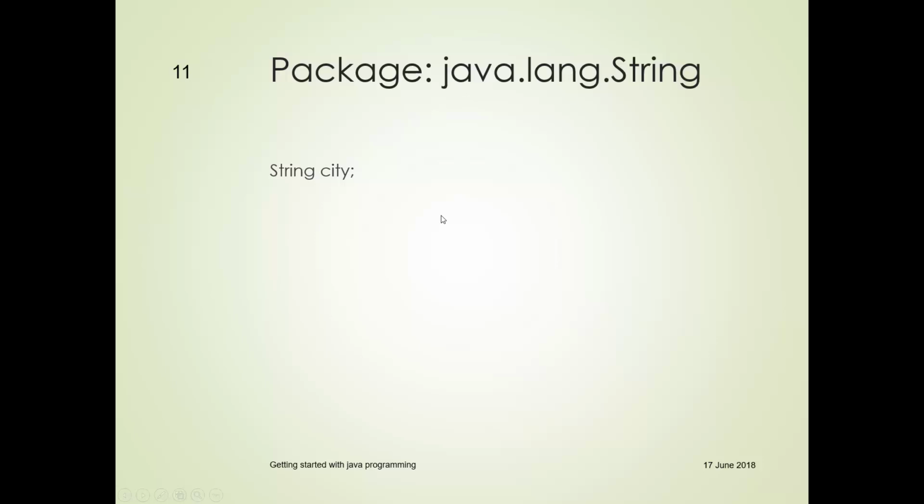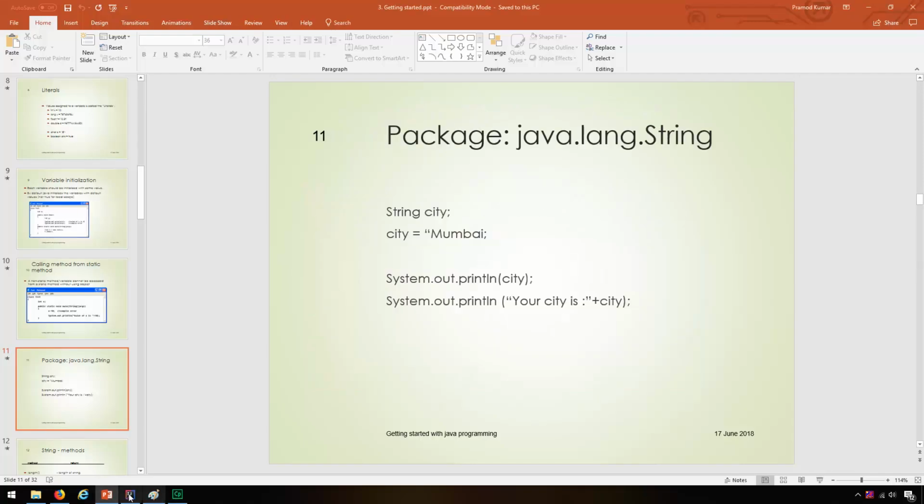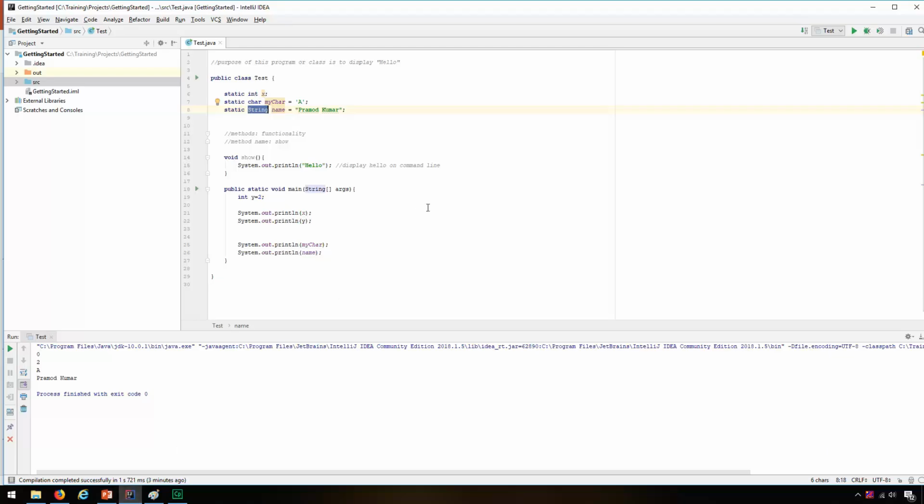I told you how to declare a string and how to assign and display values. Now you can add some values into your string variable. The variable is name, and suppose I want to display "My name is" and the value of this variable.